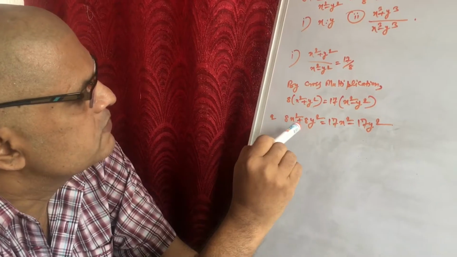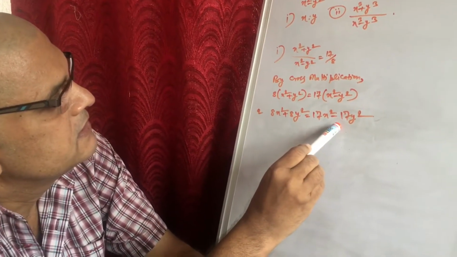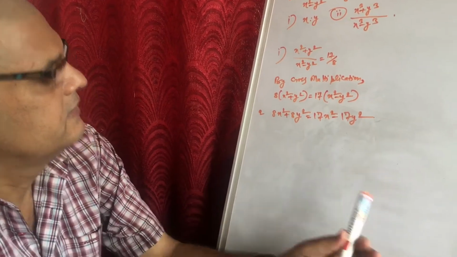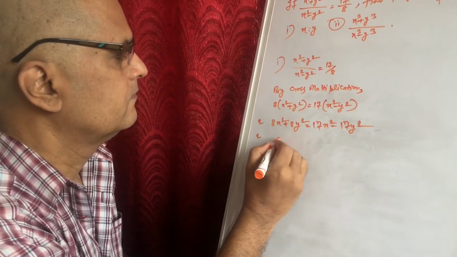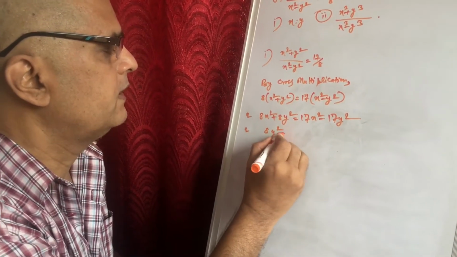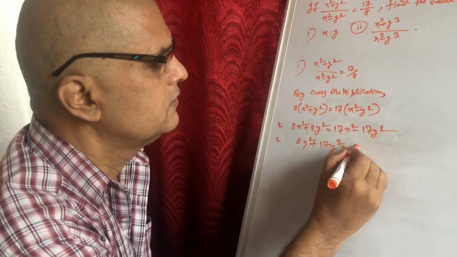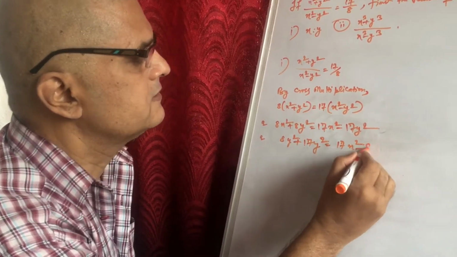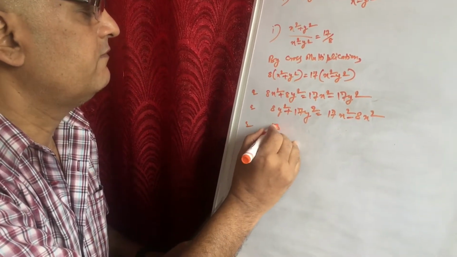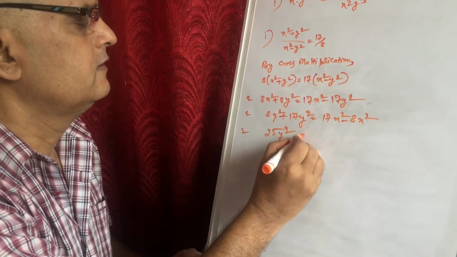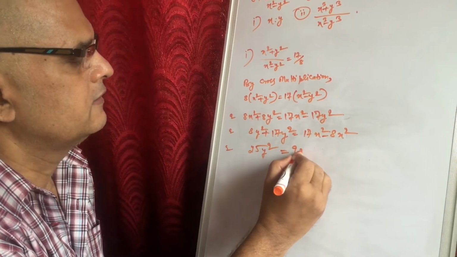Then 8x square plus 8y square is equal to 17x square minus 17y square. Then the next step will be 8y square plus 17y square is equal to 17x square minus 8x square. So it will be 25y square is equal to 9x square.